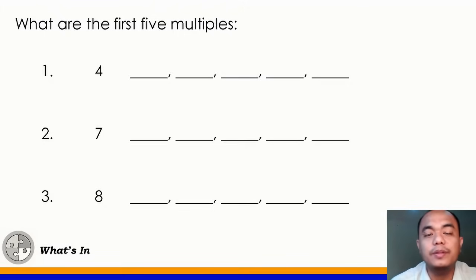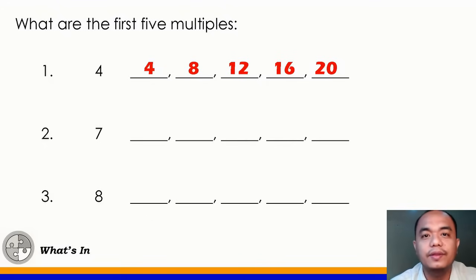So what are the multiples of 4? Yes, 4 times 1 is 4. 4 times 2, 8. 4 times 3, 12. 4 times 4, 16. 4 times 5, 20. So again, the multiples of 4 are 4, 8, 12, 16, 20, and so on and so forth.